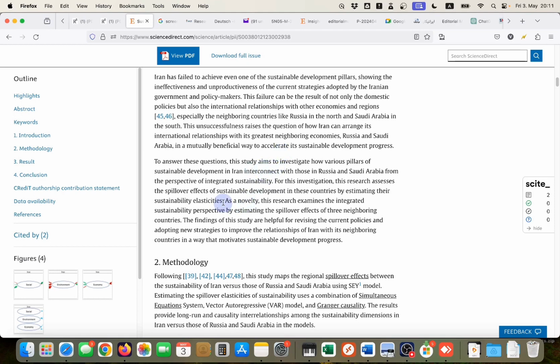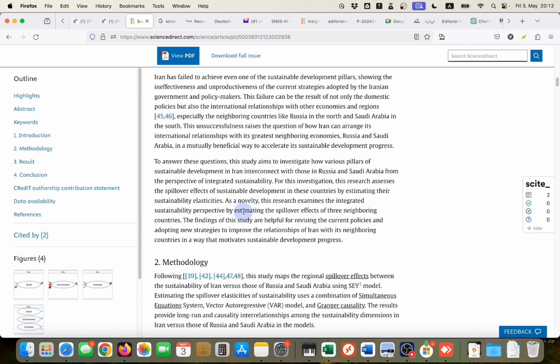For example, this paper uses one paragraph to include both objective of the study and novelty of the study. As you can see, it starts with as a novelty. This research examines the integrated sustainability perspective. With the phrase as a novelty, it signalizes that this sentence expresses the innovation of the research.